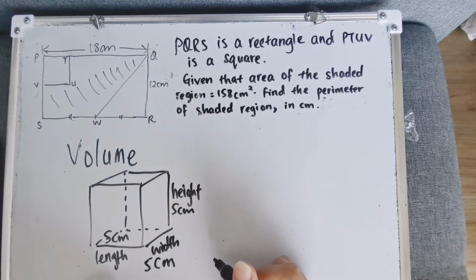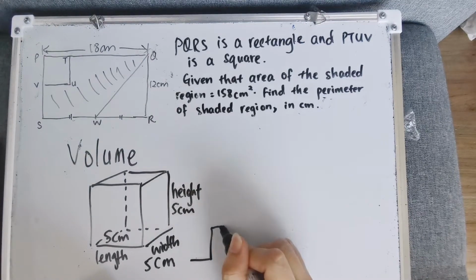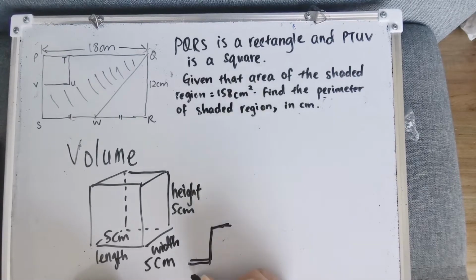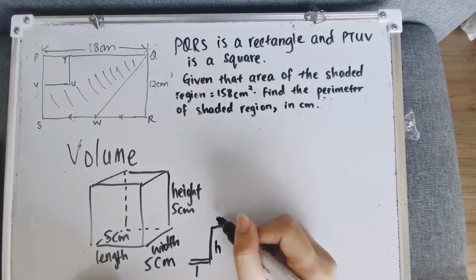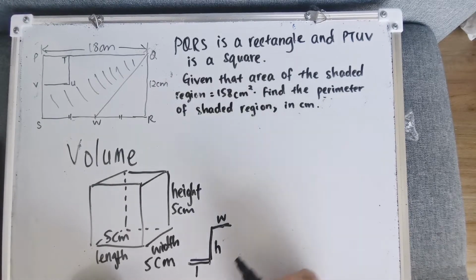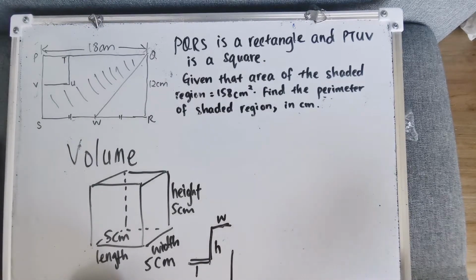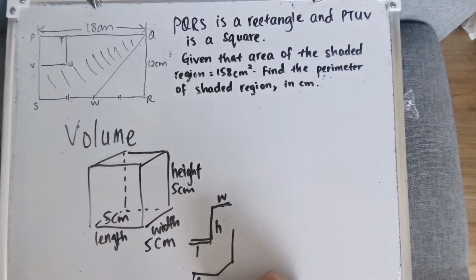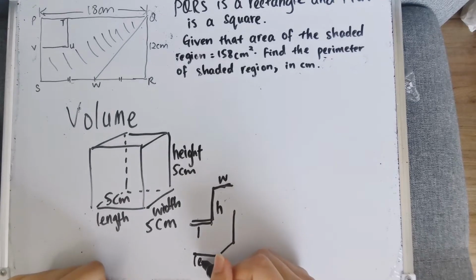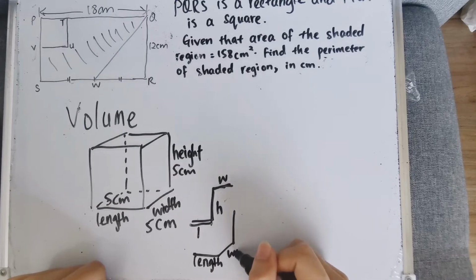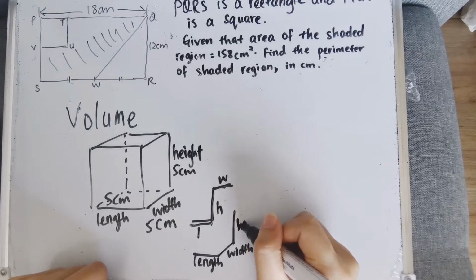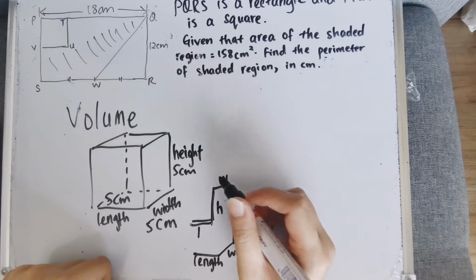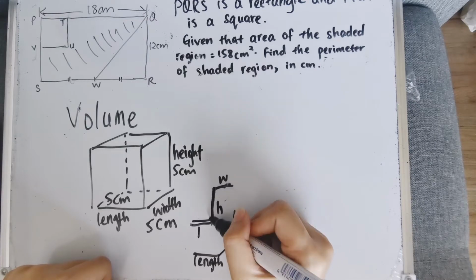You must remember either the Z, the length, the height, the width, or you can remember it like this: this is length, this is width, this is height. Normally the easy one, you can remember Z.